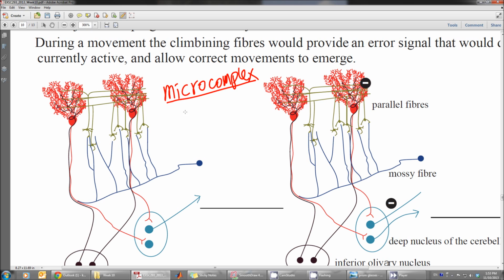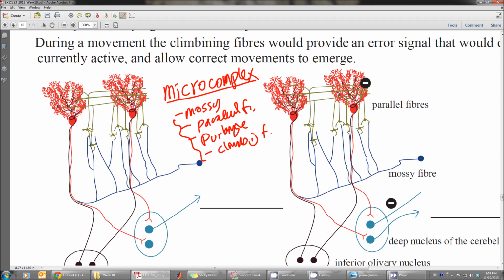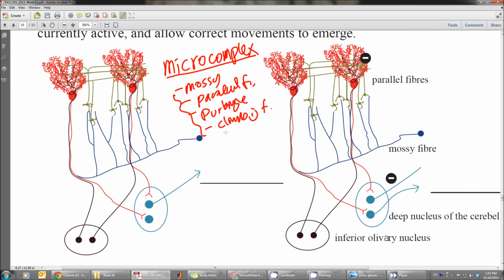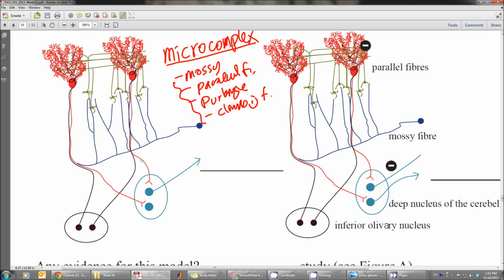So a microcomplex comprises mossy fibers and parallel fibers, and its Purkinje fibers and climbing fibers. So in this diagram you see two microcomplexes.